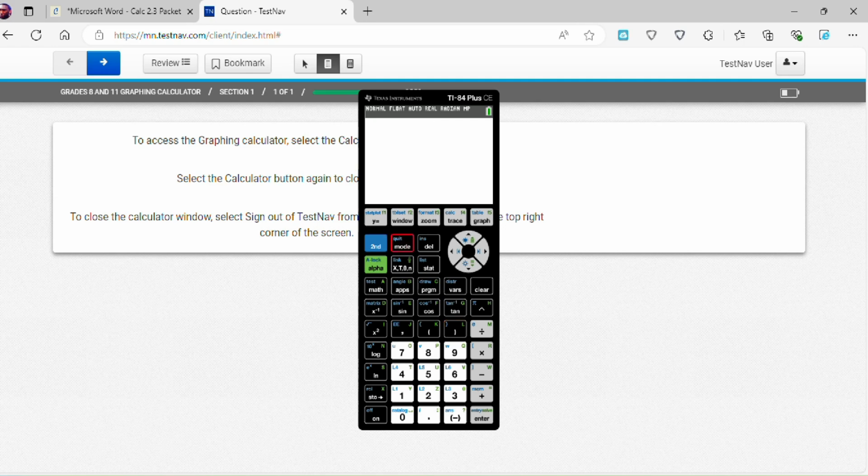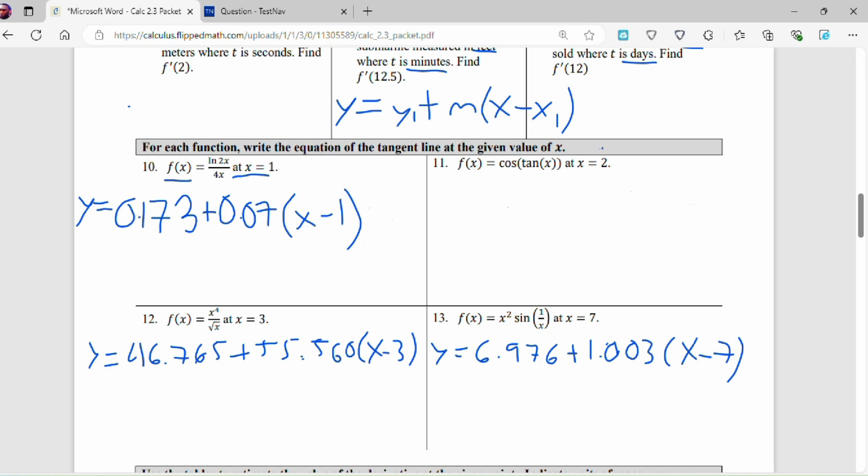Remember, you want to find your y value, so you go to variables, y variables, function, y1. And then this is at x equals 2, so we're going to do parentheses 2 equals. So that's negative 0.576.